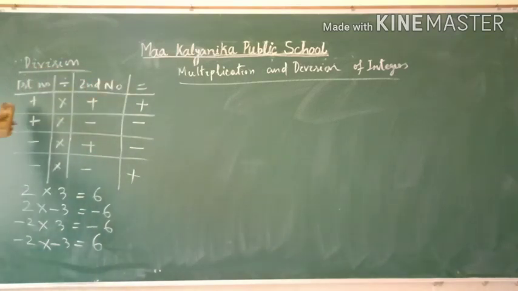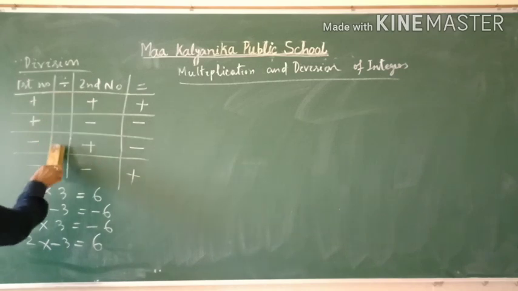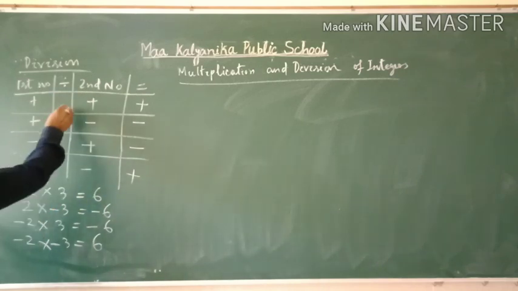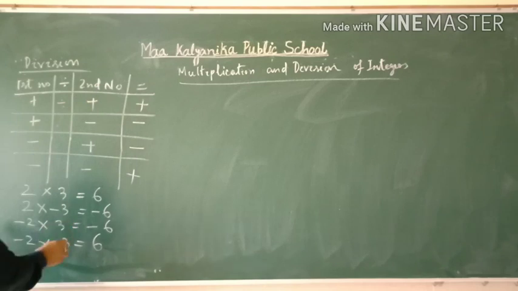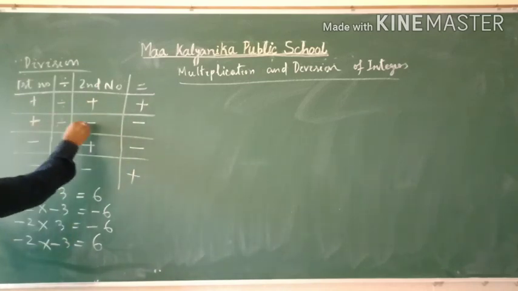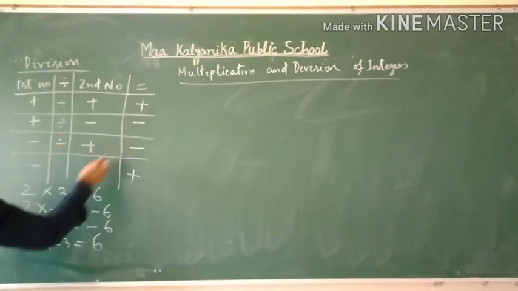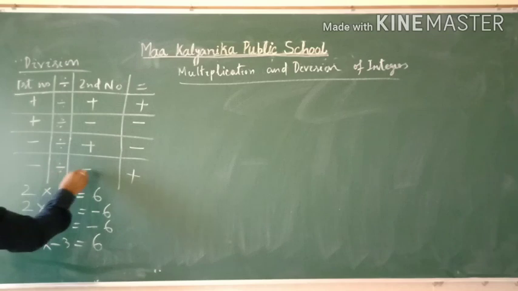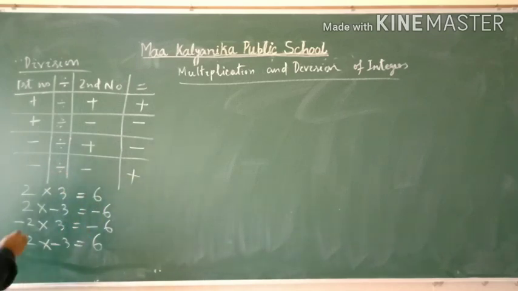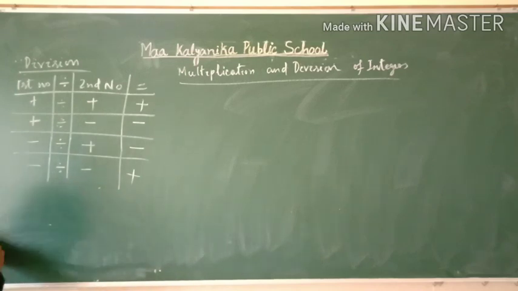So if the first number is plus and divided by plus, the answer becomes plus; plus divided by minus, minus; minus divided by plus, minus; minus divided by minus will be plus. So the same rule applies here, only the sign changes.